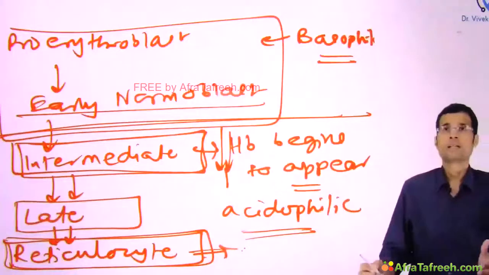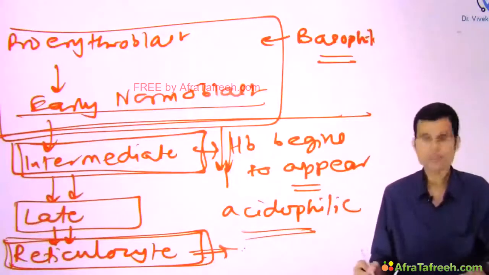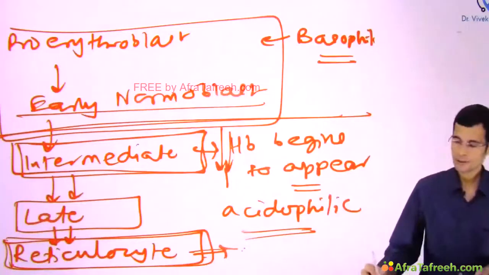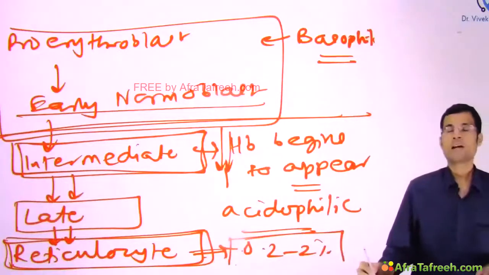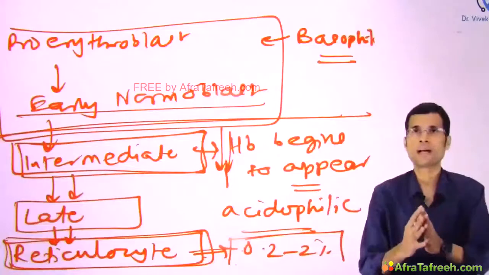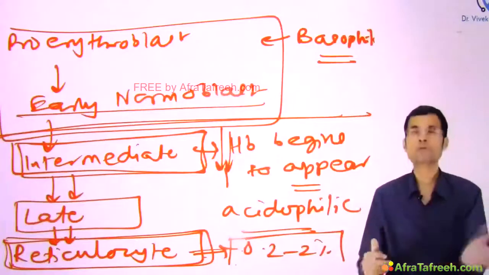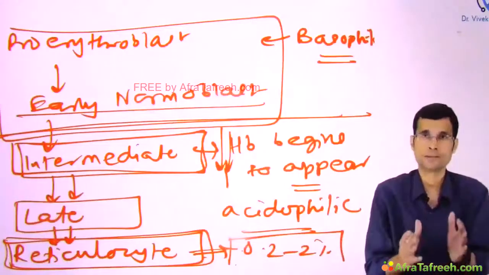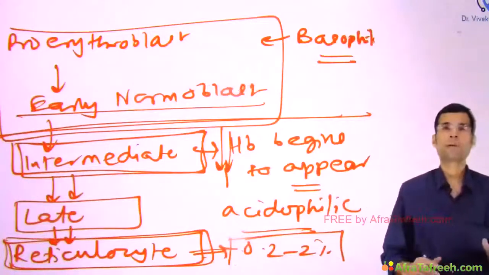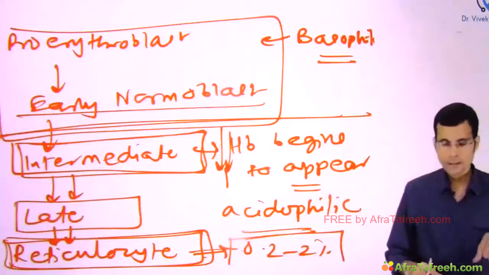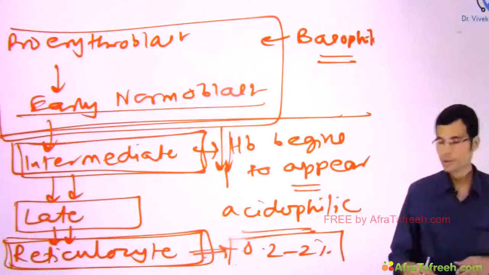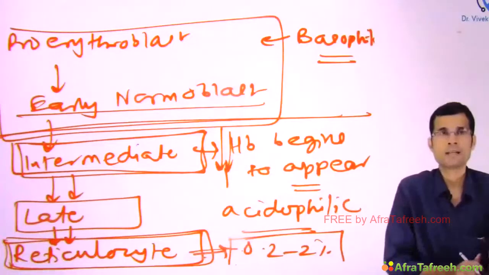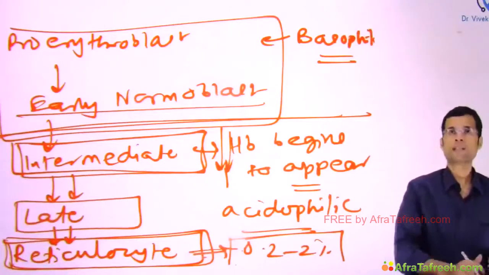Now, the normal reticulocyte count in the circulation is about 0.2 to 2%. That means of the total circulating RBCs, only about 2% will be in the reticulocyte stage. What is the importance of this? Reticulocyte count is higher in infants and children. Reticulocyte count is higher in conditions of hypoxia.